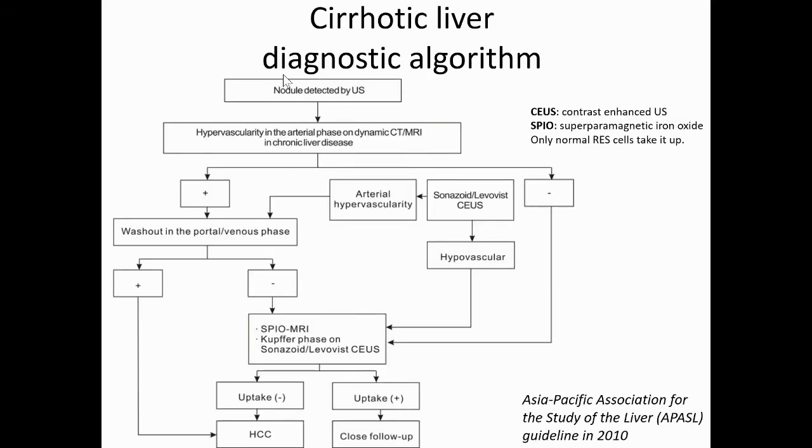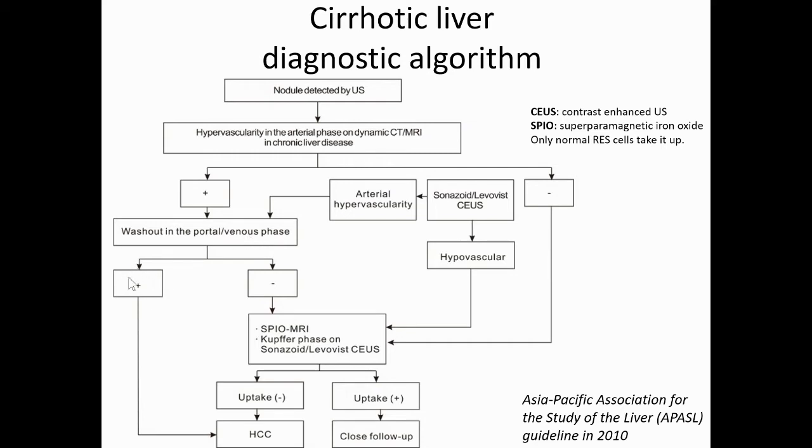So if ultrasound detects a nodule in the cirrhotic liver, then automatically we will take the patient and image him or her with CT or MR, whichever is available, and we will check for hypervascularity of that nodule. If it's positive, then we will check the portal or the venous or the late phases of the series.